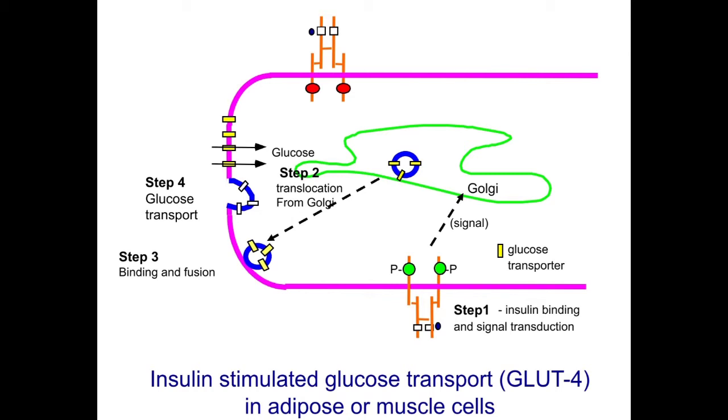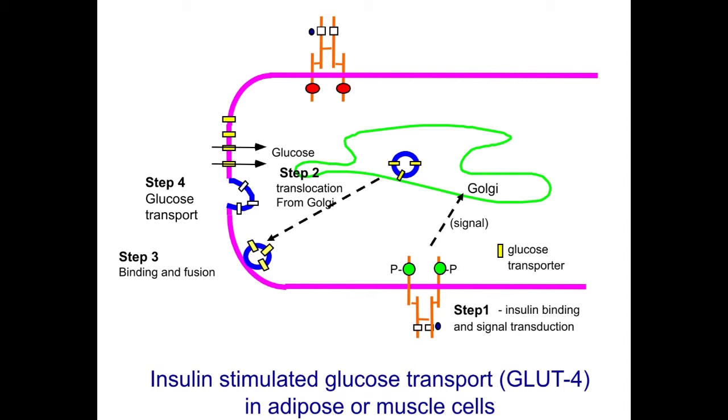They contain this sort of donut-shaped structure. The white donut-shaped structure is the GLUT4 transporter. So insulin, through activation of the receptor tyrosine kinase, generates this cascade of events.